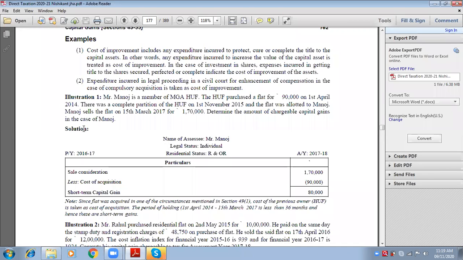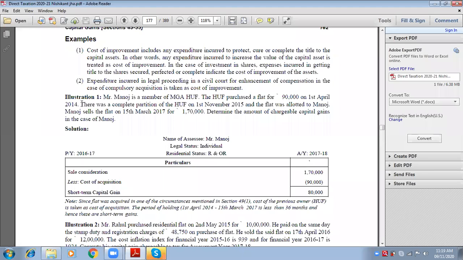After 1st November 2015, the HUF does not exist, because it has undergone partition. Are you able to understand? Yes, ma'am.